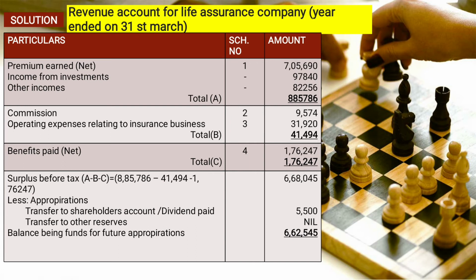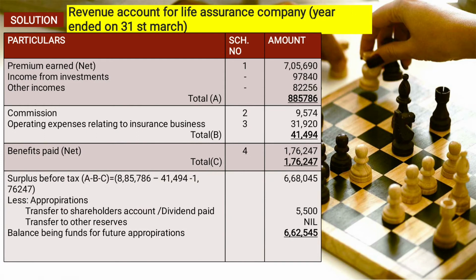So these 2 expenses added together, we have to give the name total B. And then the fourth schedule, benefit paid, must be written separately. So after these things have been written, the surplus we have to find out.